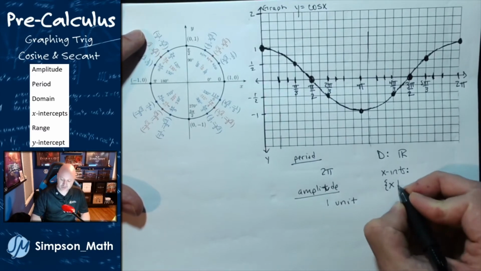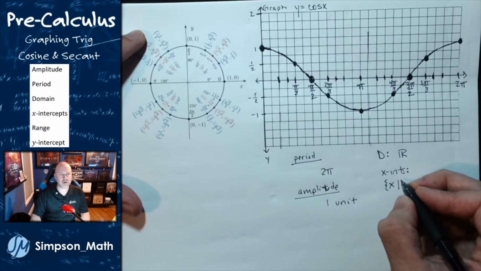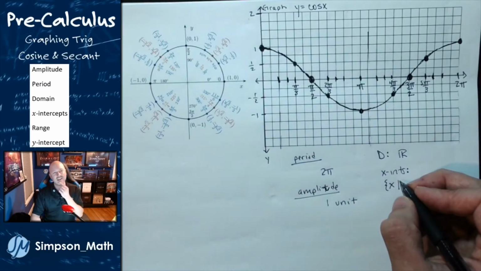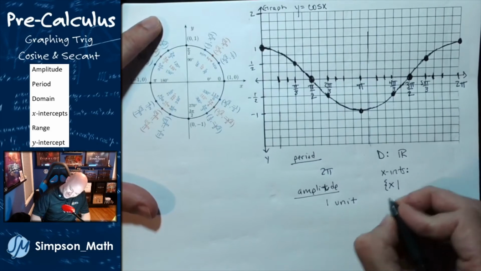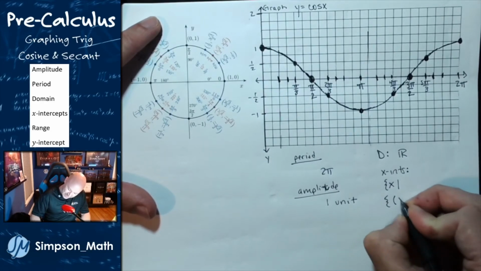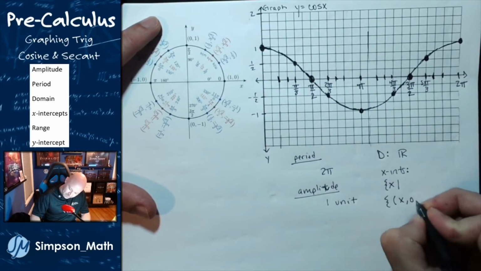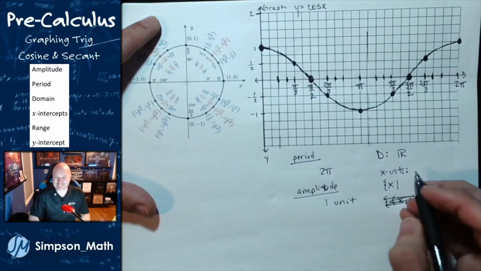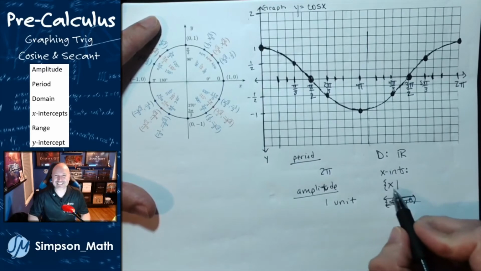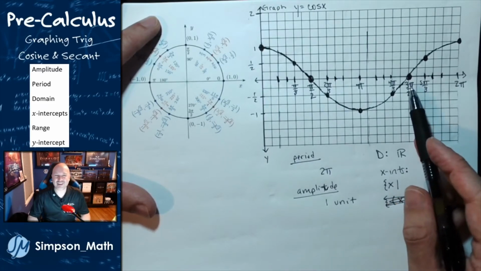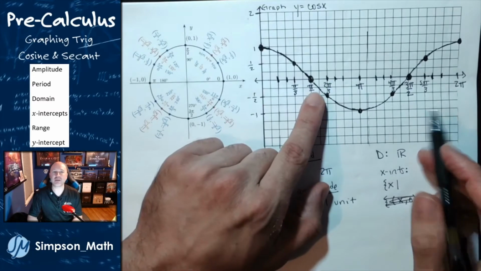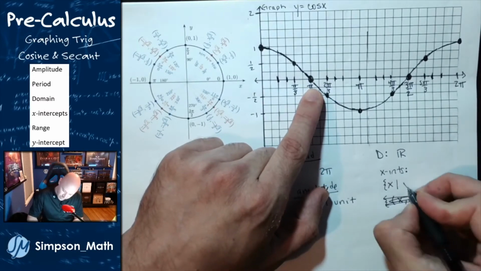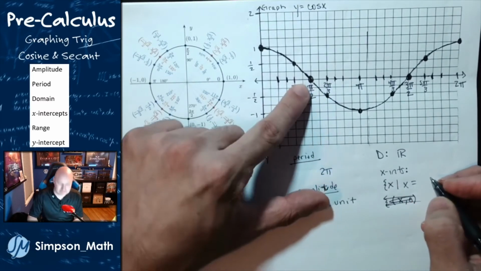such that, or maybe I should use coordinates here instead. That's probably what I should do. Well, whatever, good enough. Maybe I should do something like this. I don't know. Different ways to do it. This time I'm going to list the good values. So all of the x values, and remember, I'm going to list a good one. So x is, I'm going to start with pi halves.